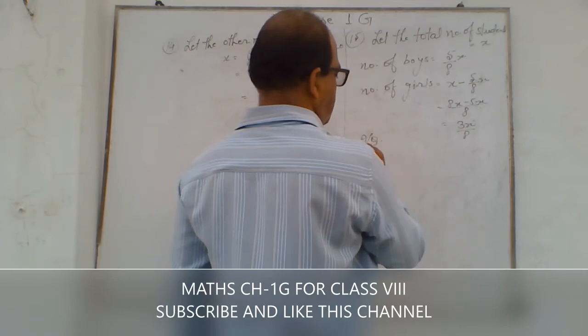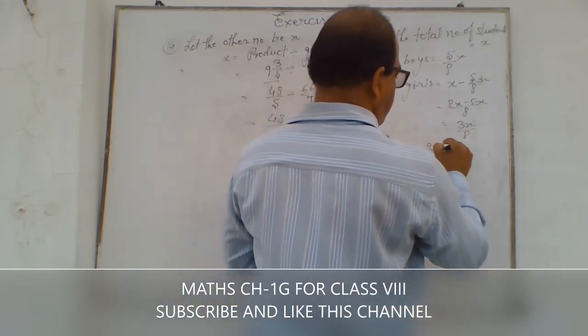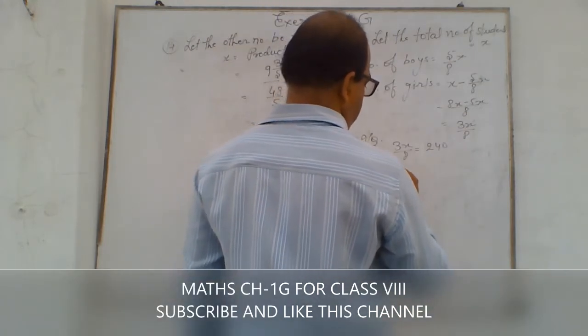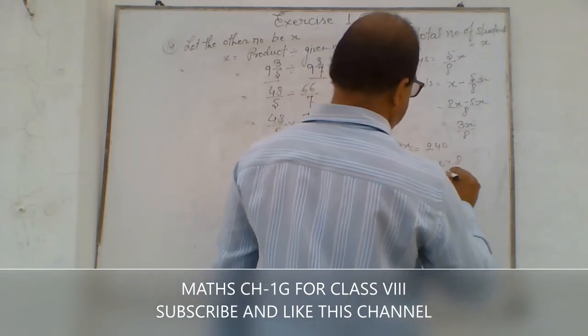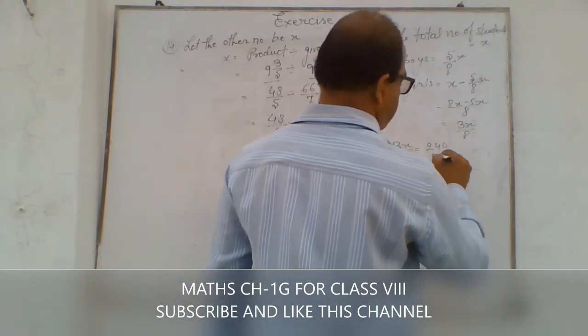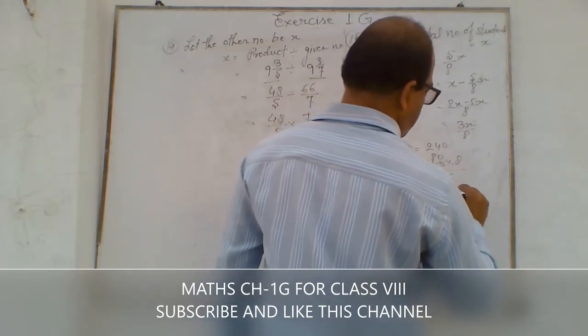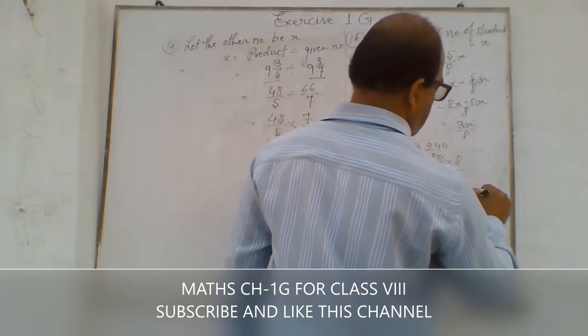According to the question, 3x by 8 is equal to 240. So the value of x is equal to 240 into 8 by 3. 3 eights are 24, so 640 total students.